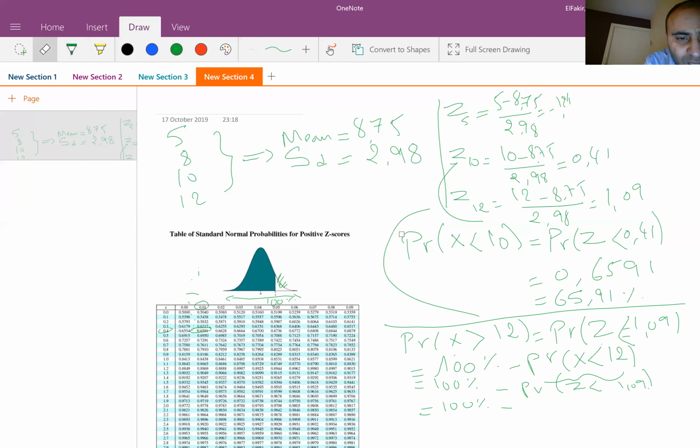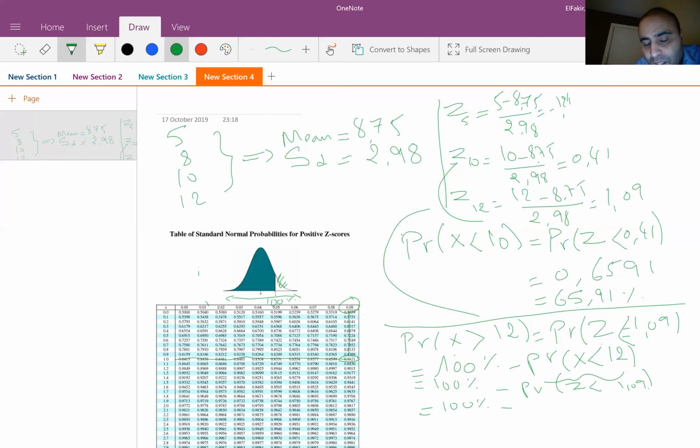I'm gonna erase these now, we don't need them anymore. Okay, so I look for 1.0 first, and then I carry on until I find 1.09. There we go. So that's the one in here. Okay, so that is 0.8621.